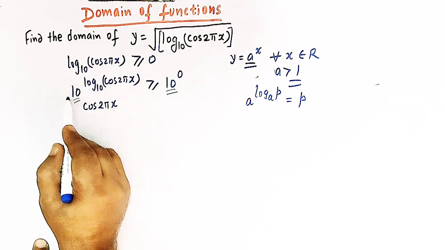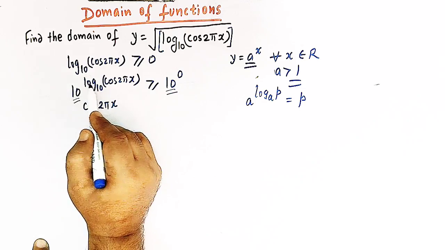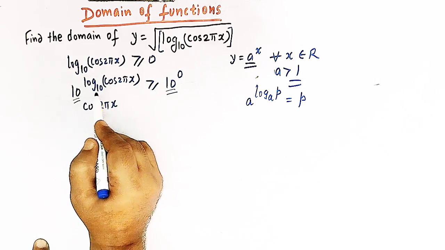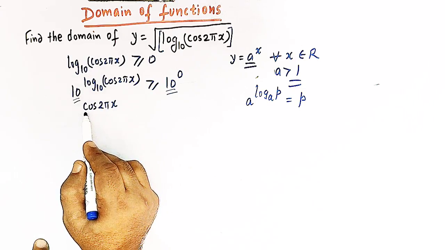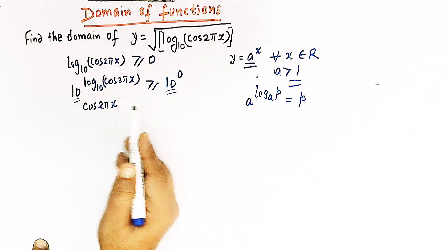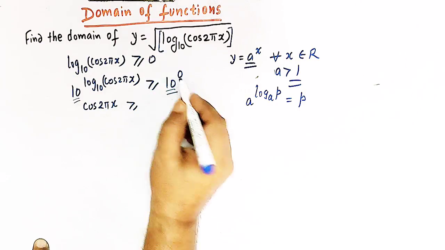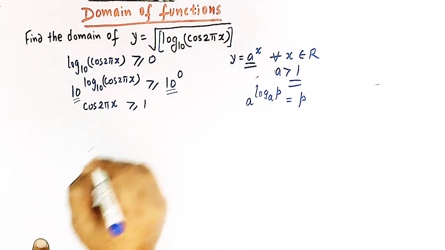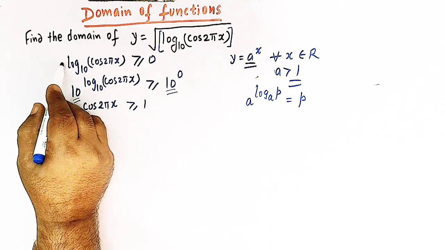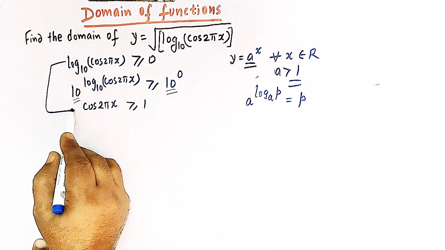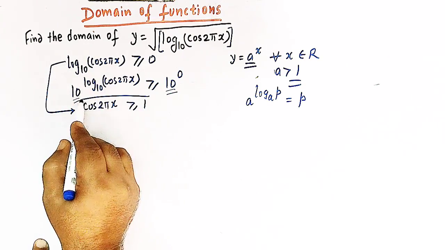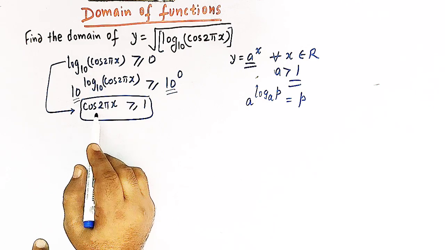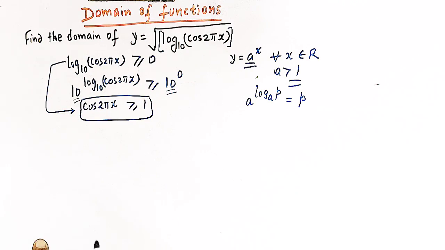So the value of this quantity, 10 raised to logarithm of cosine 2 pi x to the base 10, is equal to cosine 2 pi x, and here 10 raised to 0 is equal to 1. So now we have reduced this inequality to this one, and we have to now solve this inequality using some concepts from trigonometry.